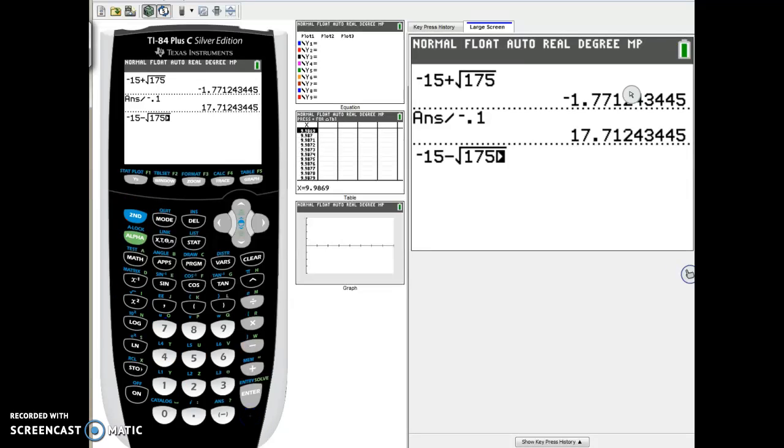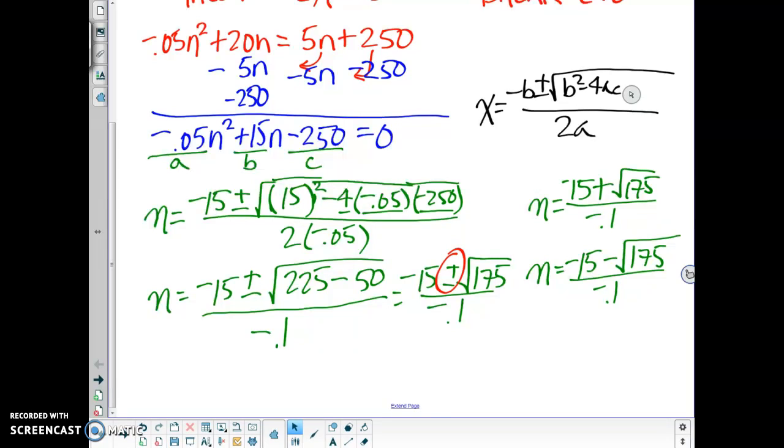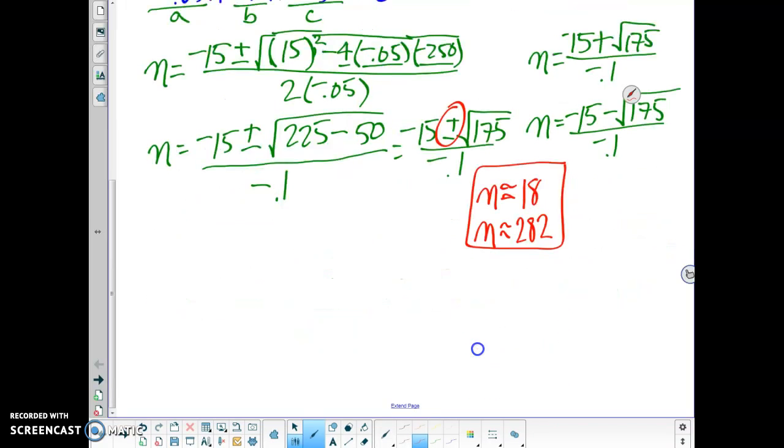Find that and divide that by negative 1/10. And I get approximately 282. So when I come back over here, my answers are going to be n approximately 18, and n approximately 282.